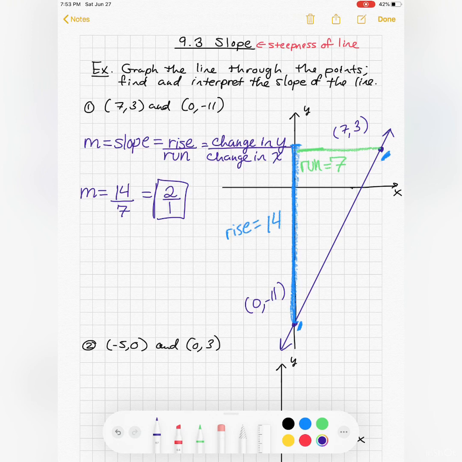So how do we interpret that? The number on top, that's the Y, the rise. So we could say the Y increases by 2 for every 1 unit the X increases. That would be the interpretation.